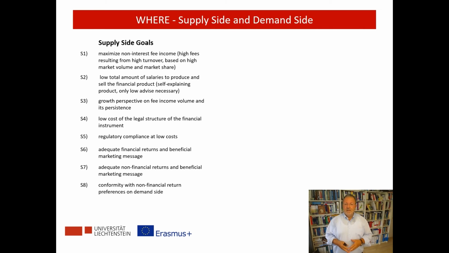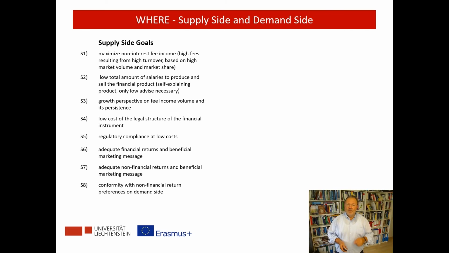So you see here, we are now on the supply side, and we check the goals of the supply side. The goals are numbered S for supply side, 1 to 8. So you see here we have maximize non-interest fee income, or low total amount of salaries to produce and sell the financial product. Then growth perspectives, low cost, regulatory compliance, and so on.